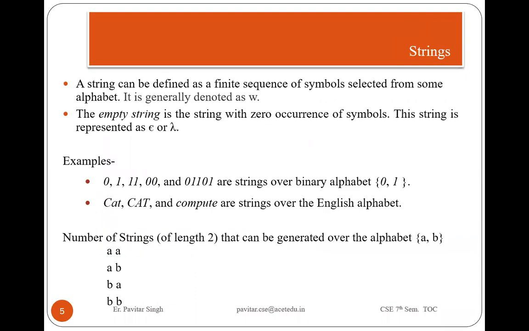The next definition is for strings. As you all know, when we talk in English, first of all you should understand ABC. In TOC, alphabets will be acting as your ABC.